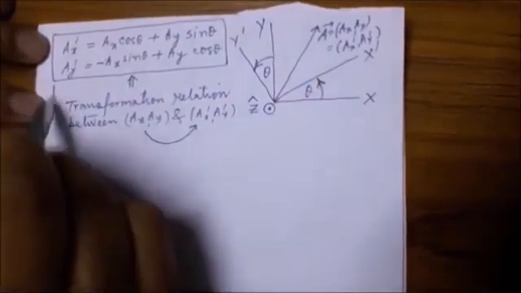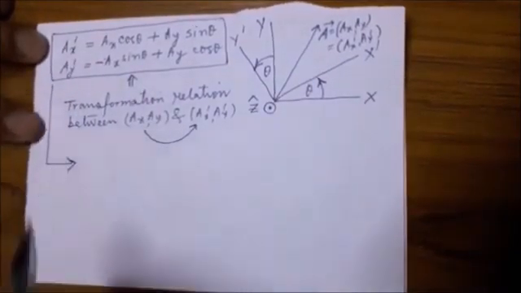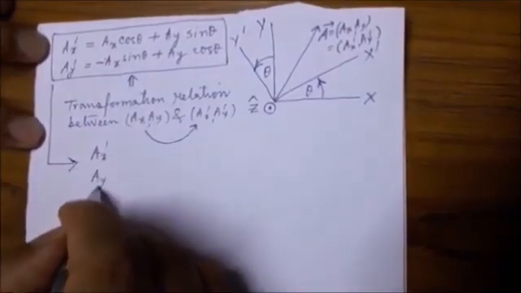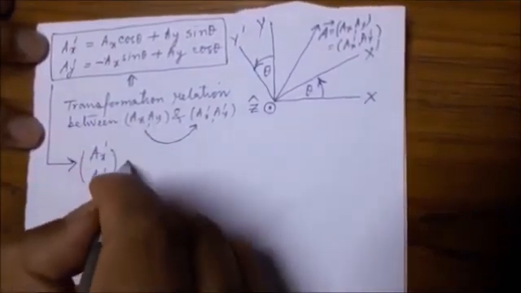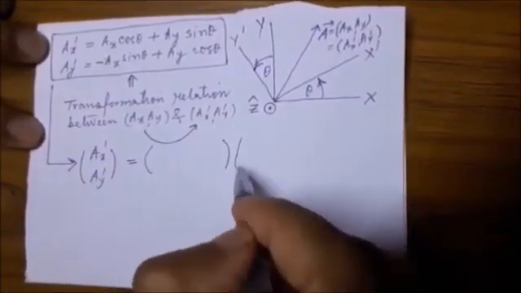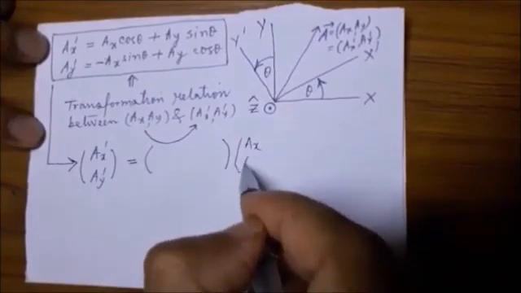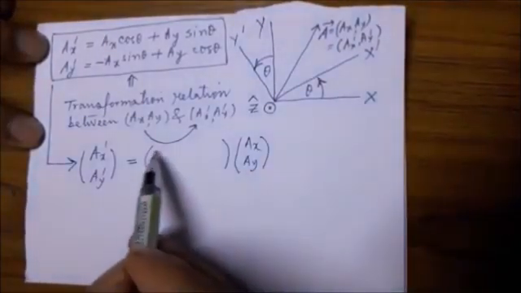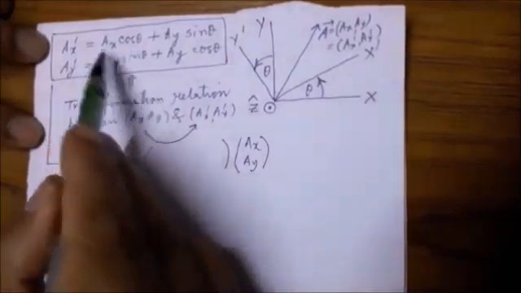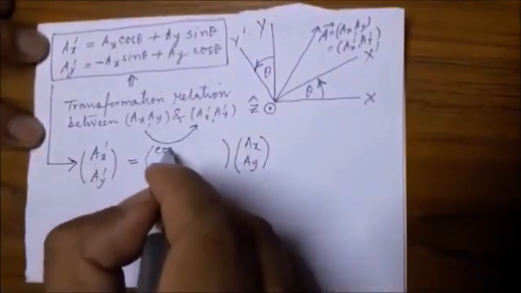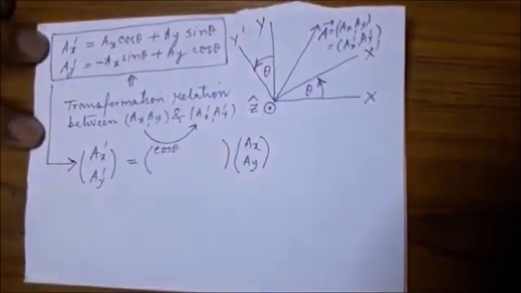Now this relation can be recast in matrix form, which is more elegant and useful also. So here we'll fill up the matrix soon, and here let us write ax ay. Now what will be here to generate this term? Here we have ax, so it is ax cos theta, so here we will have cos theta.